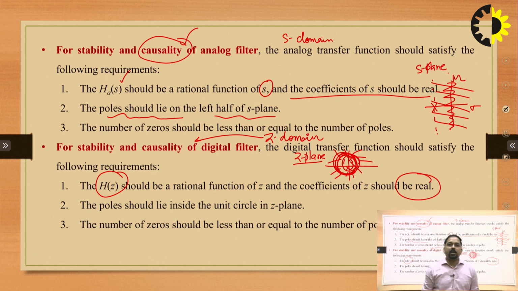Once the unit circle is contained, we can say that the system is stable because it is causal also.